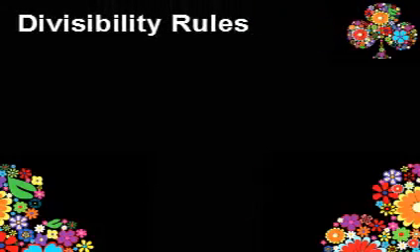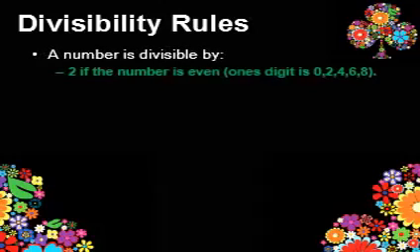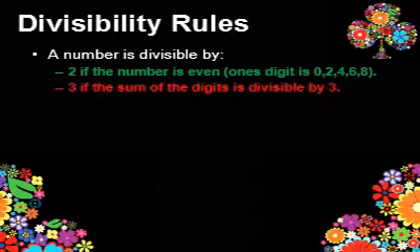So now let us make a summary of all the divisibility rules. So first, a number is divisible by 2 if it's an even number, or the ones digit is 0, 2, 4, 6, or 8. A number is divisible by 3 if the sum of the digits is divisible by 3, or the sum is 3, 6, or 9.